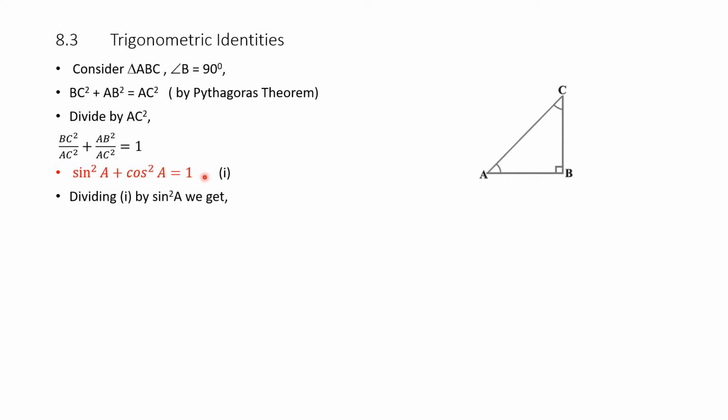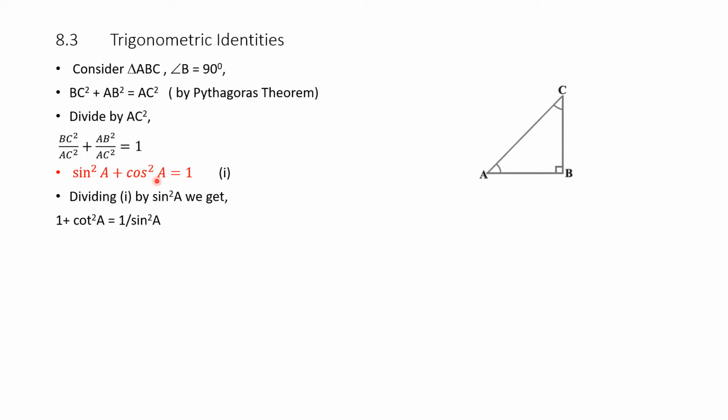Now, we will divide this equation 1 by sin squared A. Therefore, if we divide this equation 1 by sin squared A, sin squared A by sin squared A is equal to 1.